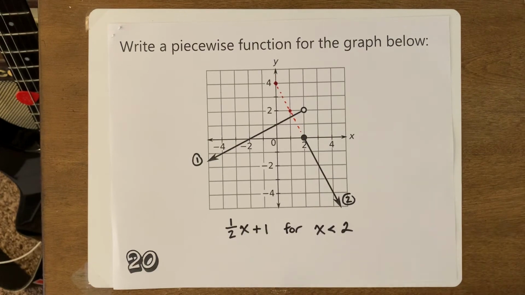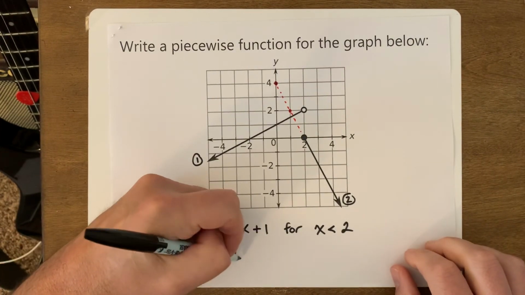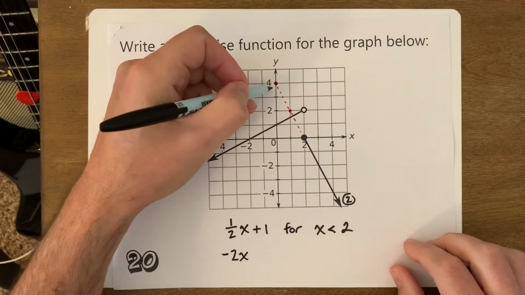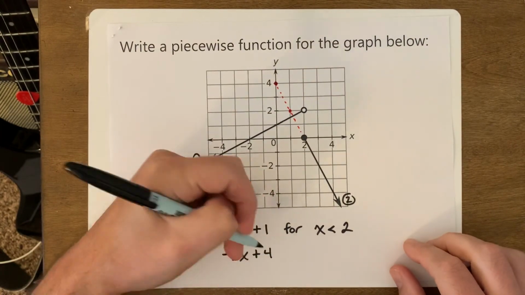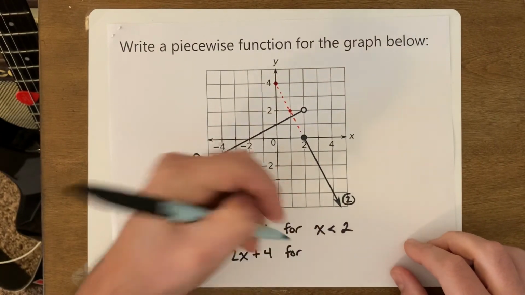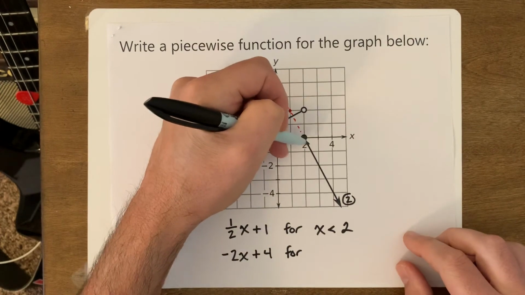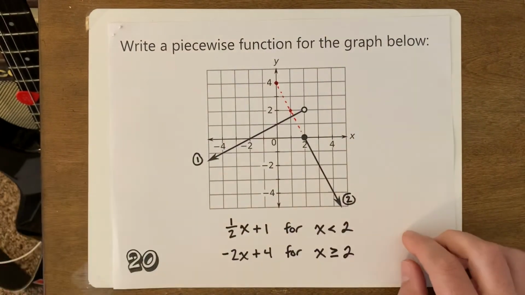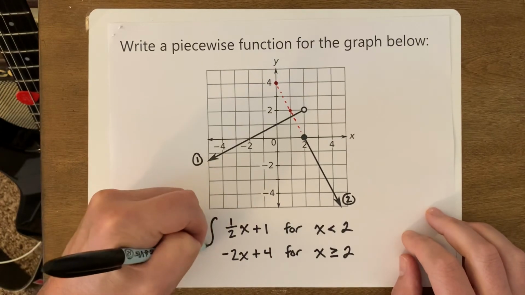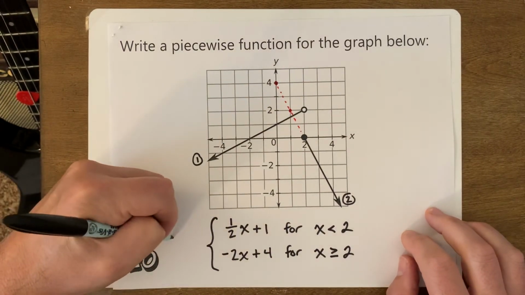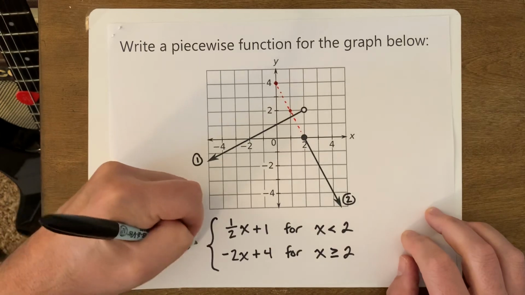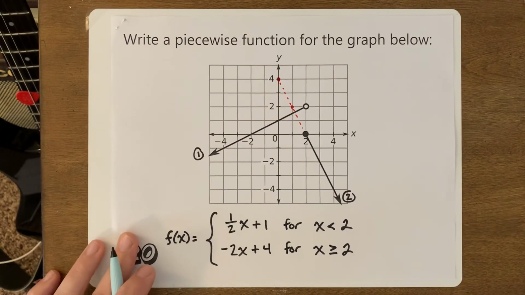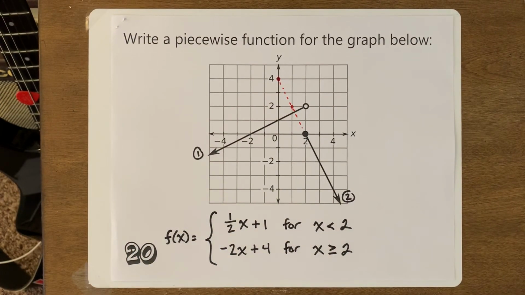So we have -2x and then plus 4. And that is for which part of the domain? From 2 on forward. So x greater than or equal to 2. We'll put a big curly bracket there, and f of x equals, and that's our definition for that piecewise function. You can watch that one a couple times.